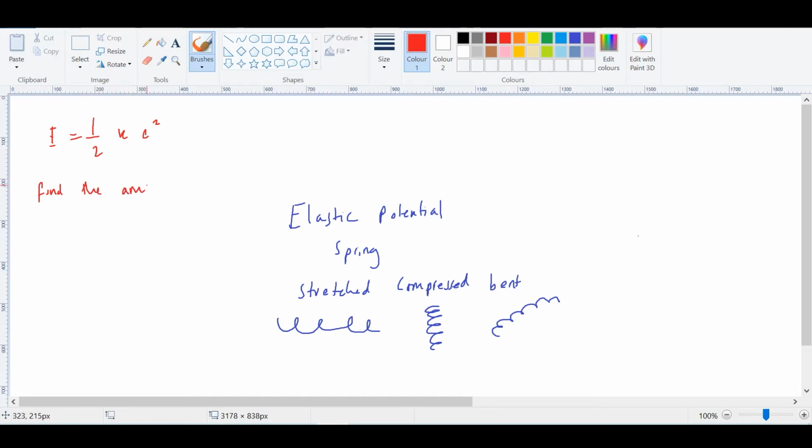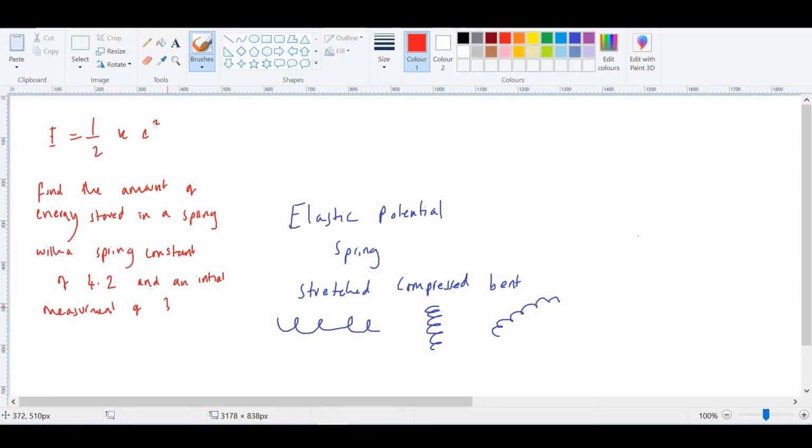Find the amount of energy stored in a spring with a spring constant of 4.2, an initial measurement of 3.2 centimeters, and a final measurement of 7.9 centimeters.